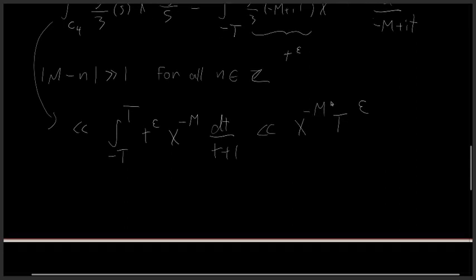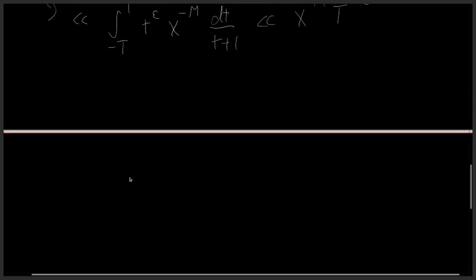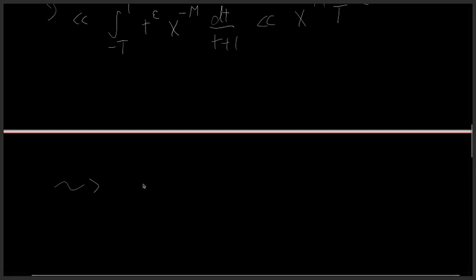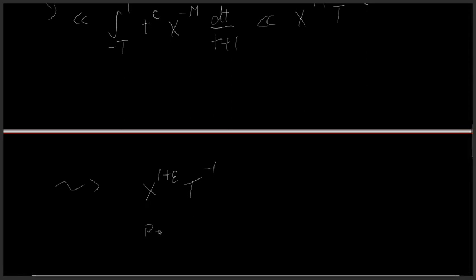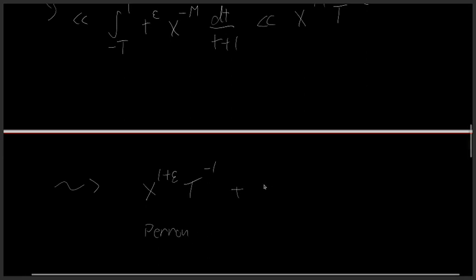So what we're going to find is that our error term ends up being x to the 1 plus epsilon T to the minus 1 from Perron's formula. And then we have an x to the 1 plus epsilon T to the minus 1 plus epsilon coming from C2 and C3.